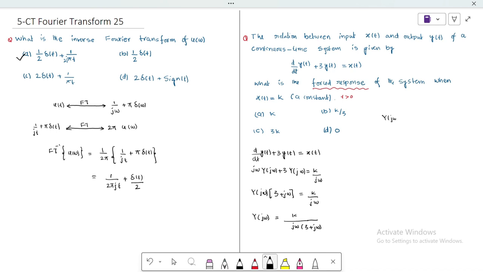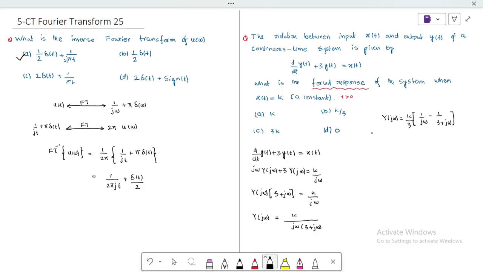This is related to mathematics, so directly I'm writing 1 by j omega minus 1 by 3 plus j omega, then simplify this. Again here we'll get 3, so that's why I'm writing 3. Simplify this, then you will get this equation. I will tell you this concept in Laplace. Don't worry, we will discuss partial fractions and everything in Laplace.